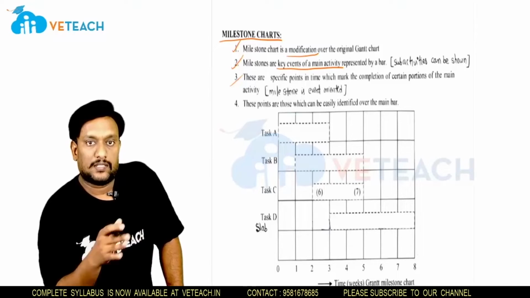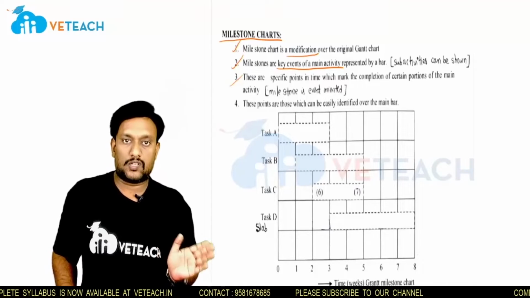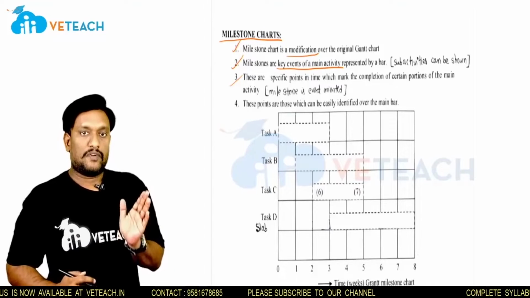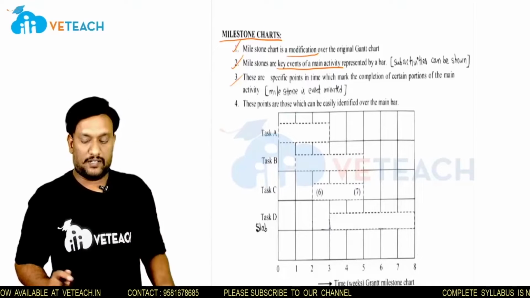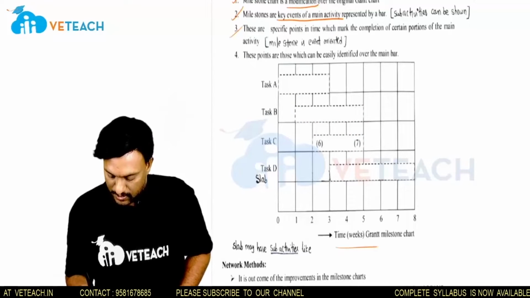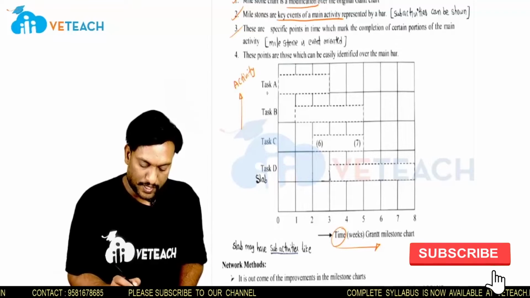Similar to how we draw bar charts, with x-axis, y-axis, horizontal coordinate time and vertical coordinate representing activity, in the same fashion we represent time on the x-axis and activities, or you can say tasks, on the y-axis.